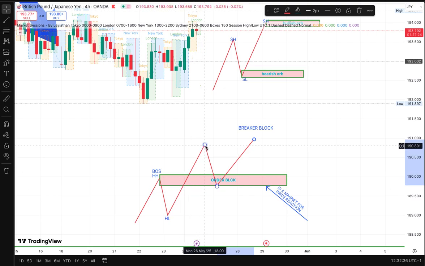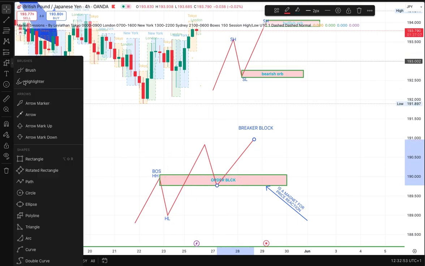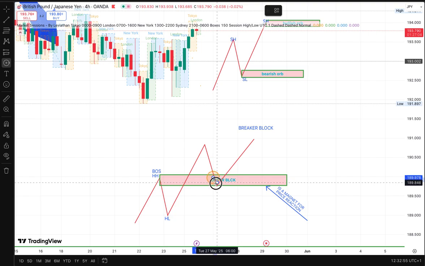All right. Since it's the failed order block, the next thing that is coming to your mind is that I'm looking for a retest into this block, into this zone. So the retest into the order block zone is called the breaker block. The breaker block. So the breaker block is this particular junction here.